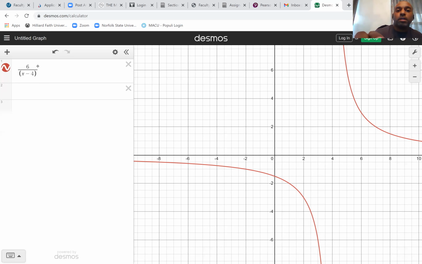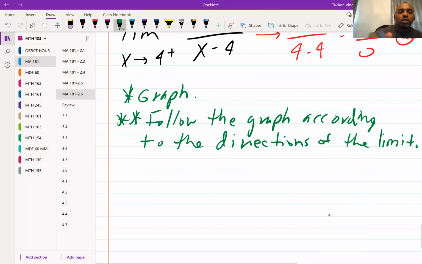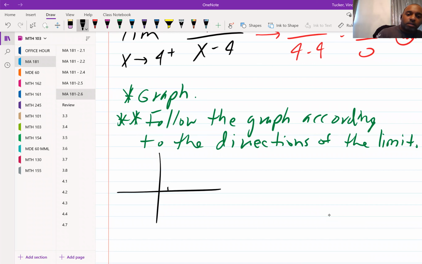All right. If you look at the graph, this is just me doing a rough sketch. Our graph is going like this. Yep, that ain't good enough.